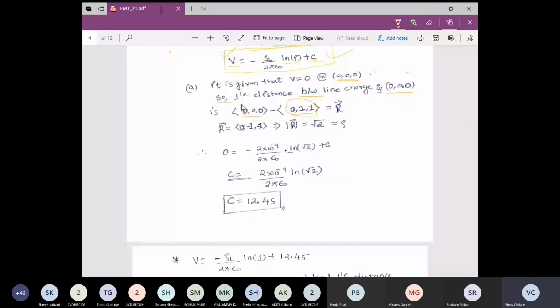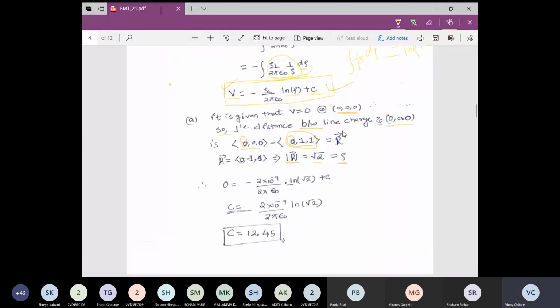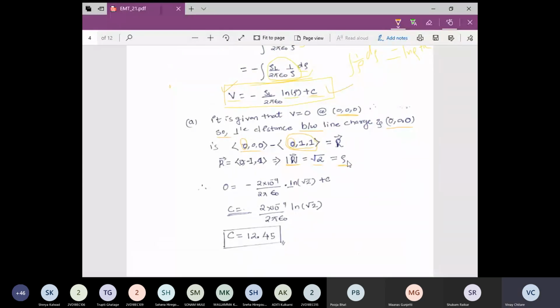The field point value is 0, so I choose x as 0. Then the difference is 0 minus 0, 0 minus 1 is minus 1, and 0 minus 1 is minus 1. Its magnitude, since I'm interested only in the magnitude, is √2, which is the rho. So rho is √2.